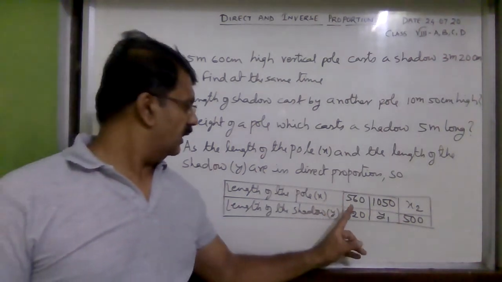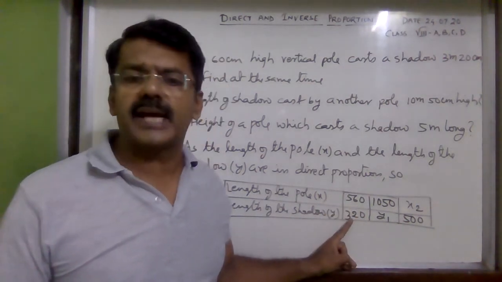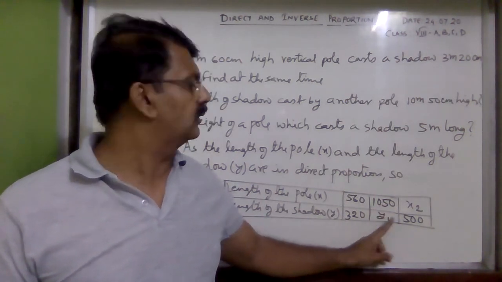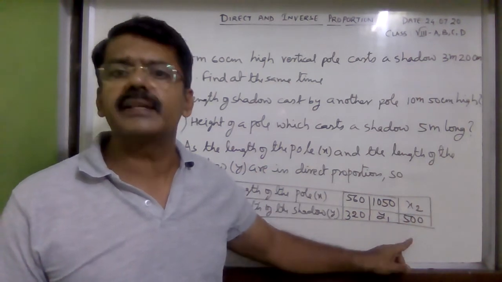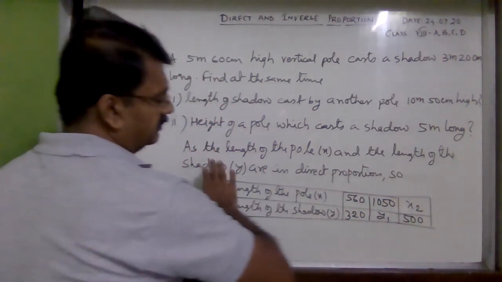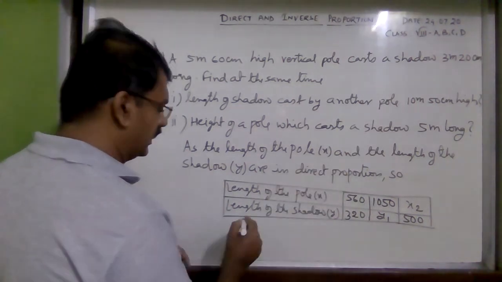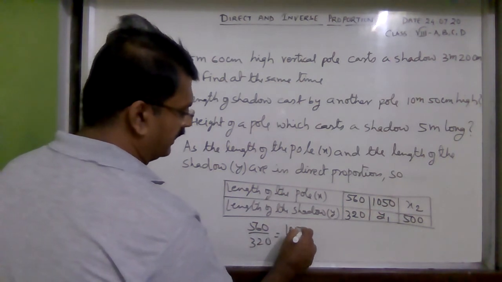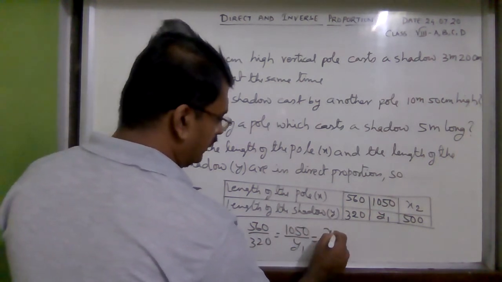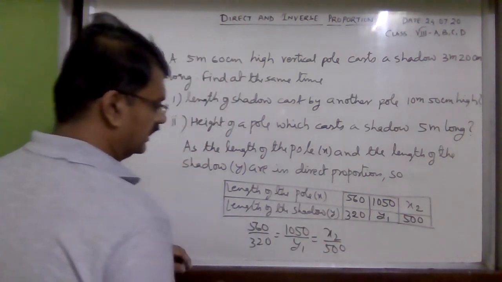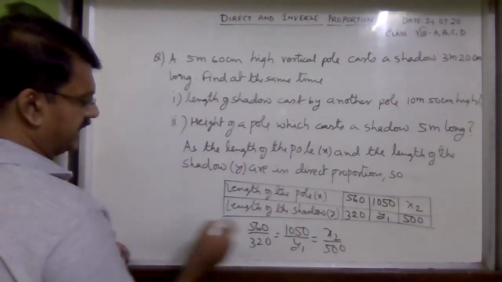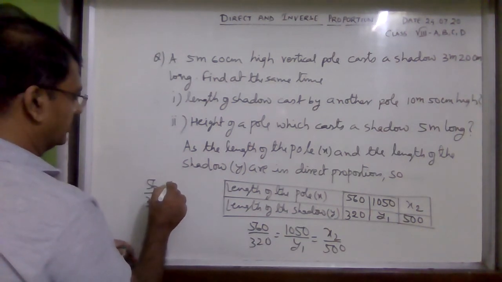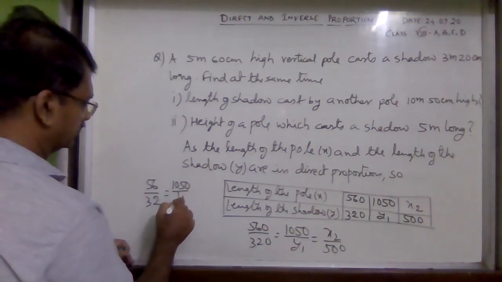So when the length of the pole is 560, the length of the shadow is 320. Now the length of the pole is 1050, you have to find the length of the shadow, and you have to find the length of the pole when the length of the shadow is 500. As I have already explained that they are in direct proportion, so you write 560 upon 320 is equal to 1050 upon y1 is equal to x2 upon 500. So first of all, you equate first and the second, 0 can be cancelled. 56 upon 32 is equal to 1050 upon y1.